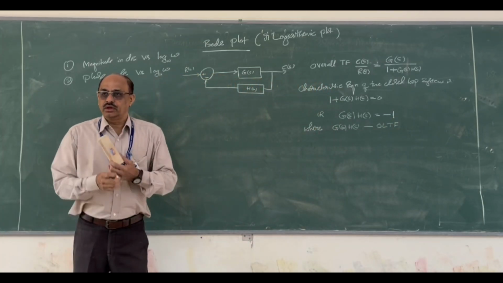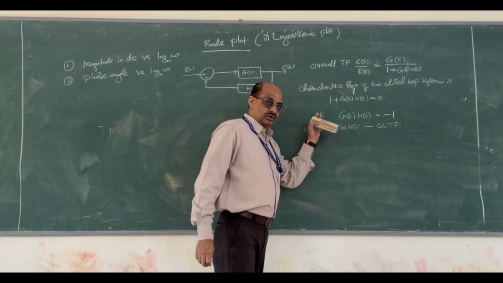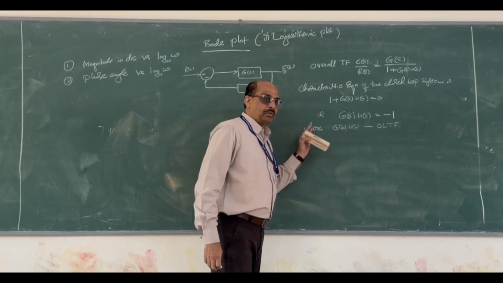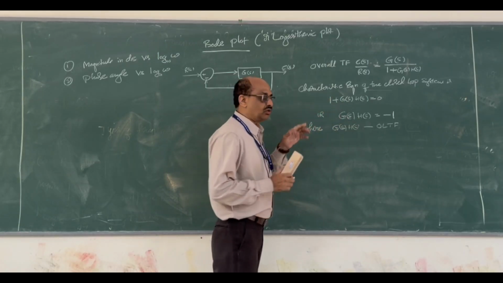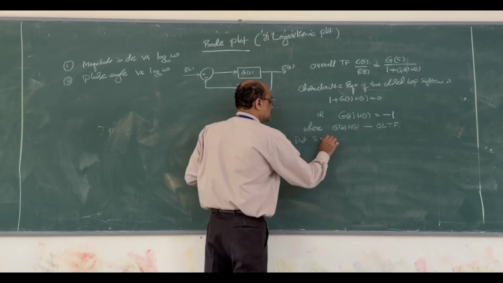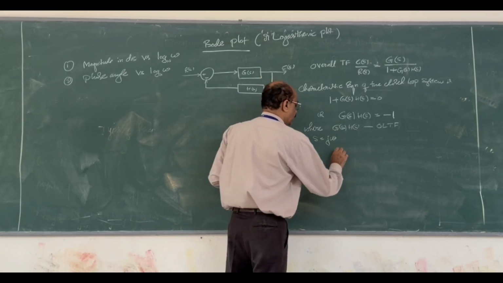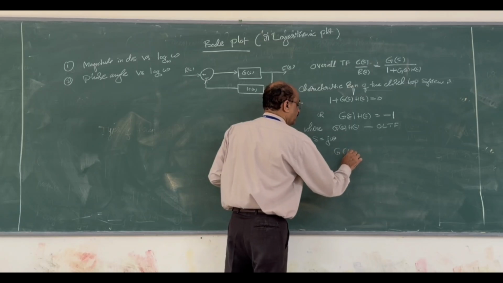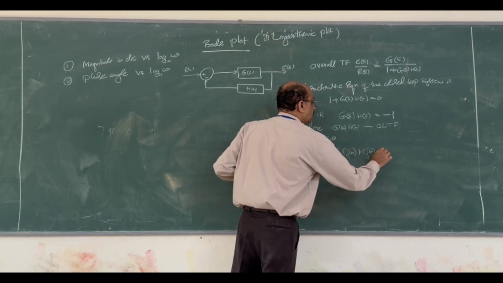We can now get the sinusoidal transfer function by putting s equal to j omega. I get G(j omega)H(j omega) equal to minus 1.